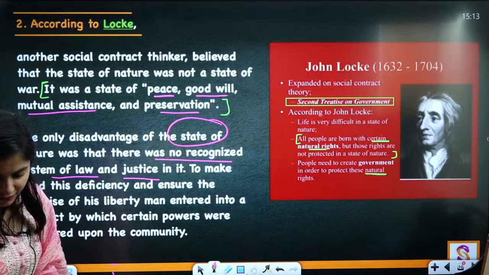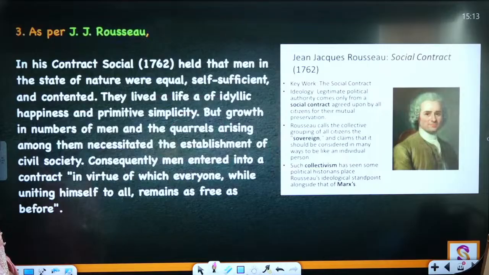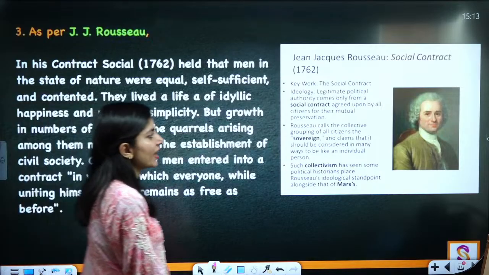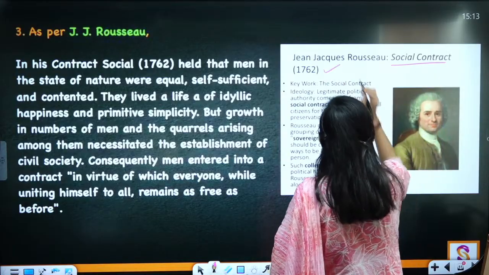let me explain further. Okay, now, next, referring to the third aspect as specified by the third anthropologist, Jean-Jacques Rousseau. Rousseau specified his social contract theory in 1762.